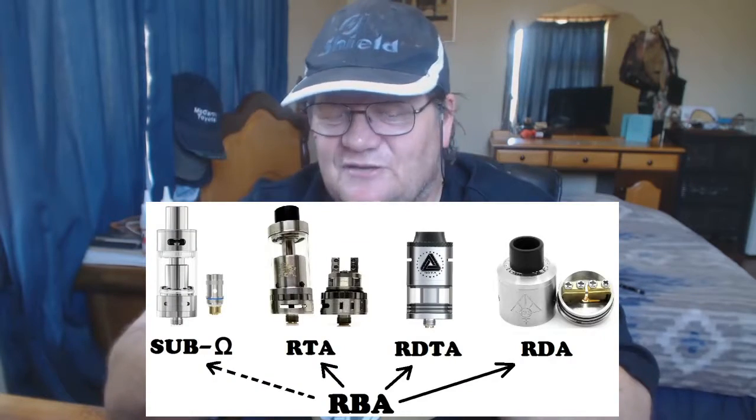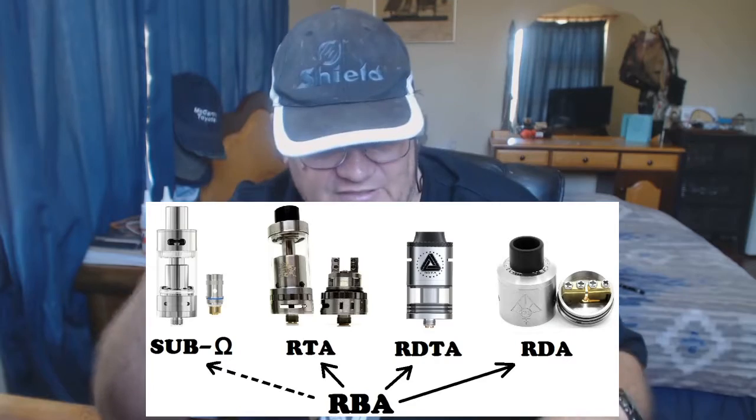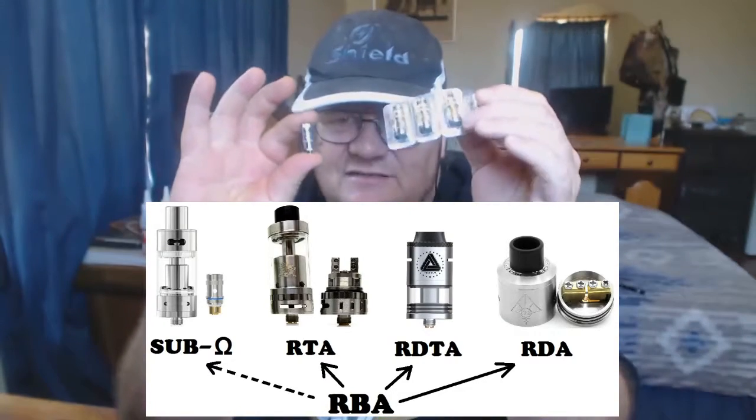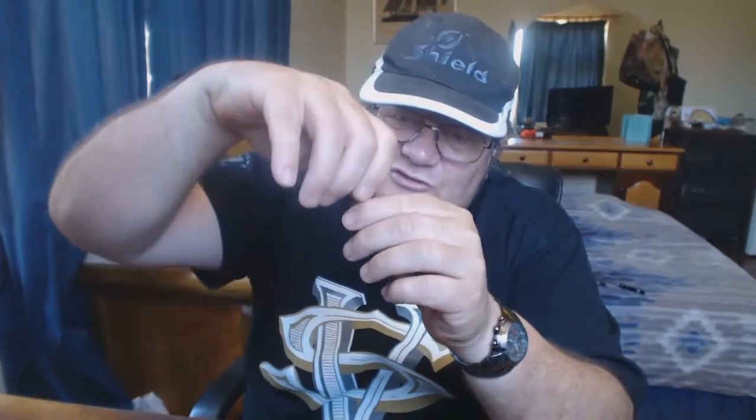So if you look at the picture, you'll see there are 4 classes. Now your sub-ohm tanks are normally tanks which use these little guys, these coils, which are pre-built, pre-made for you, and you just screw it into your atomizer, and then you go.